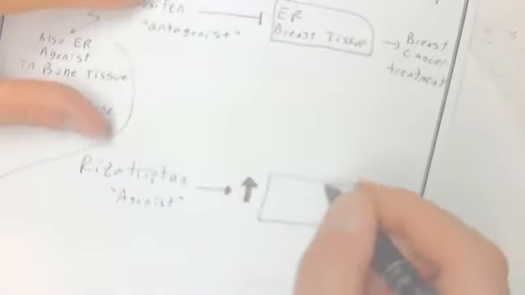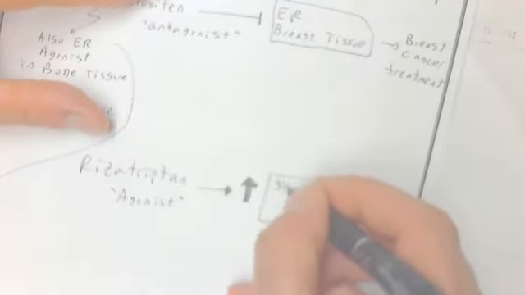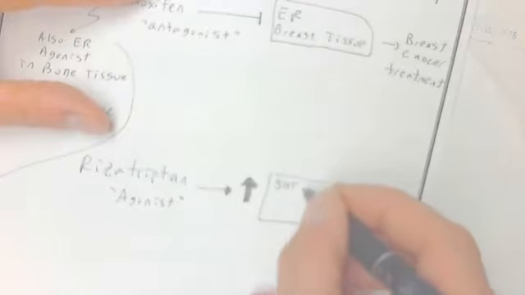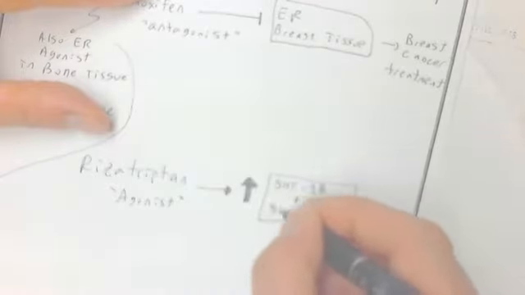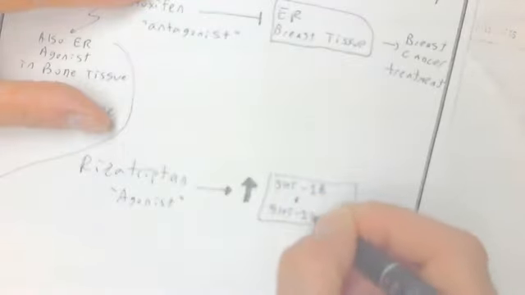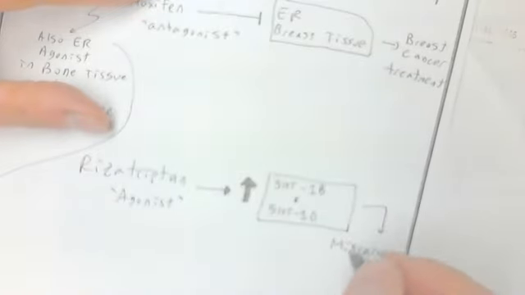So, for example, rizatriptan is an agonist of the serotonin 1B and 1D receptor subtypes, and that was a migraine headache drug target.